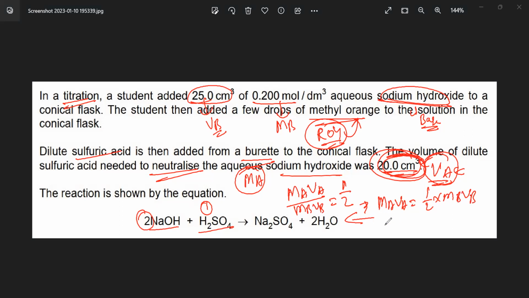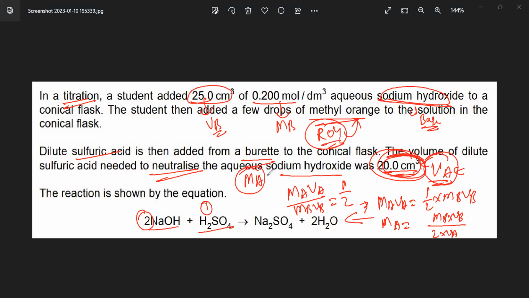And ultimately we need to find the value of MA. So here MA will become MB into VB divided by 2 into VA. So this is going to be the overall equation, how you can find the molarity of acid here, which is sulfuric acid.